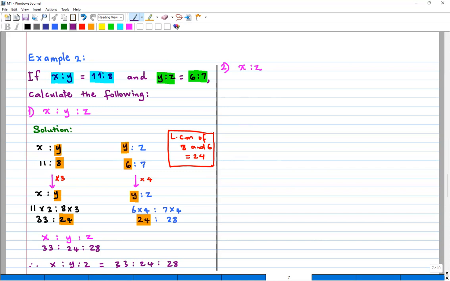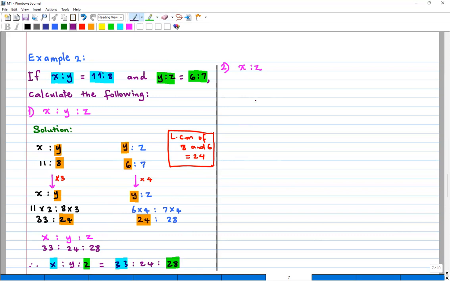Let's look at part 2: x to z. Okay. How do we get that? We are seeing that x is 33, and we are also seeing that z is 28.